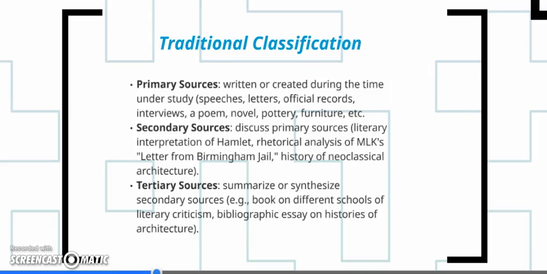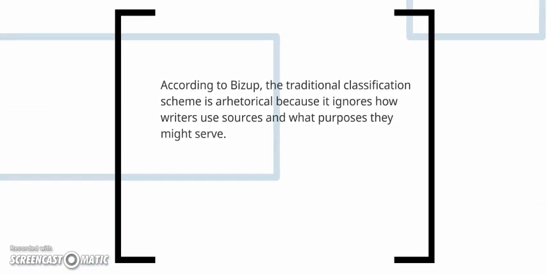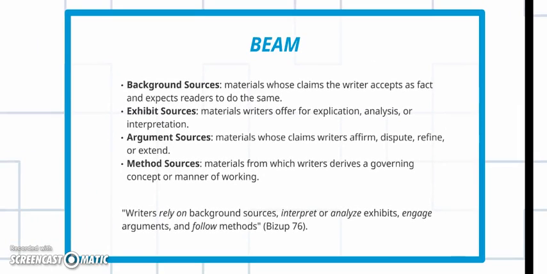In that sense, what I was calling your secondary source, the rhetorical analysis, becomes a primary source in that context of writing a biography. So that's what Joe Bizup is after. He's trying to capture a much more functional, much more rhetorically attuned scheme for talking about sources. And that's where this BEAM system comes in.